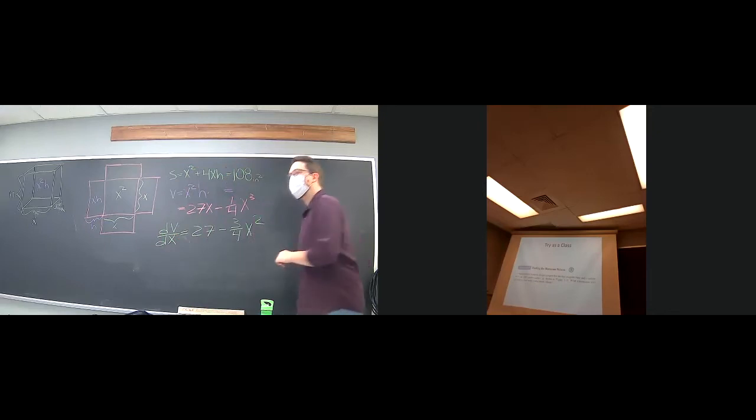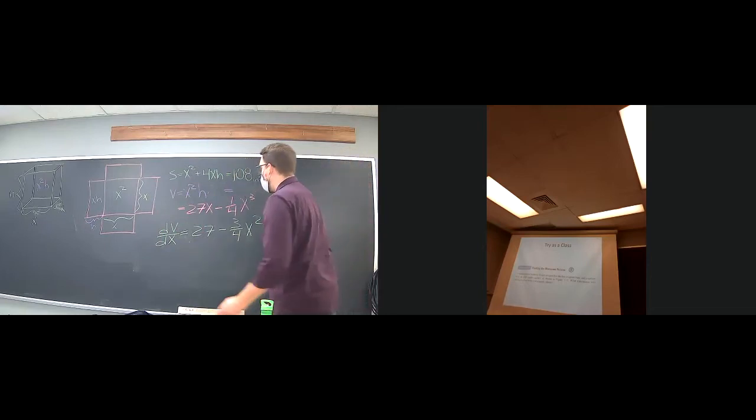So the derivative of volume with respect to x is going to come out to be 27 minus 3 over 4 x squared, right? And we're going to set that equal to 0.